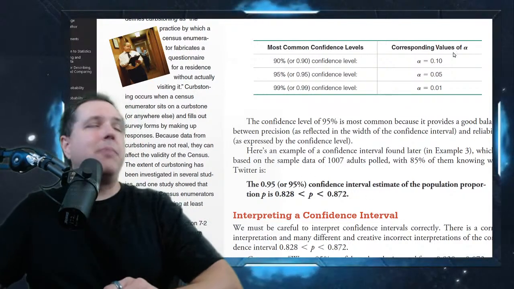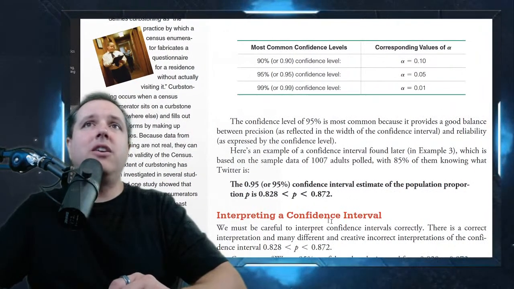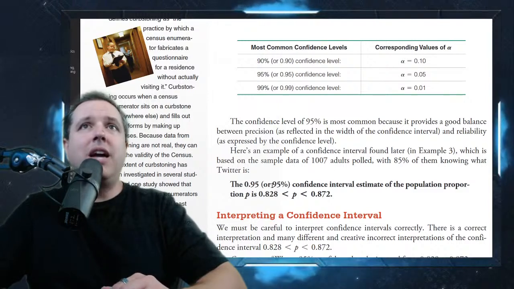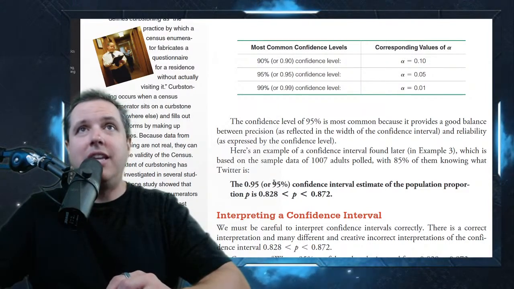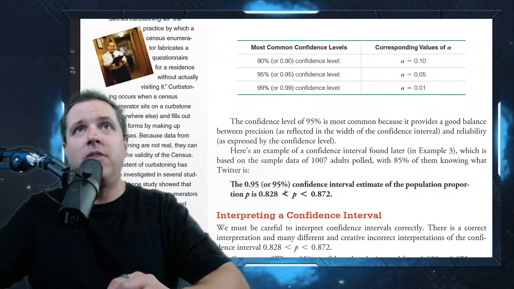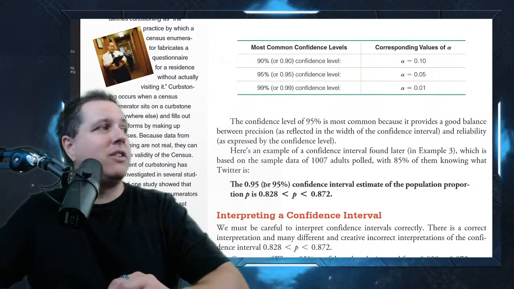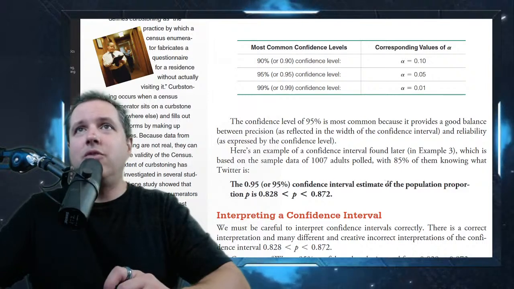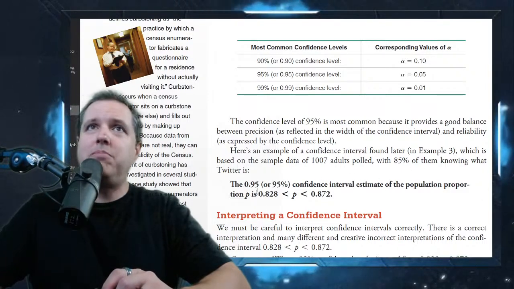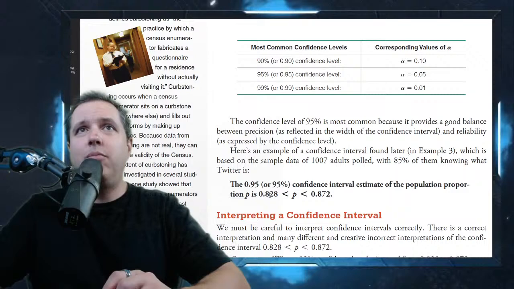So here's an example. Here's how you could state a confidence interval. The 0.95, or a lot of times I too will call this a 95% confidence interval. But remember, the decimal representation of that is 0.95. So either way, the 95% confidence interval estimate of the population proportion P is between 0.828 and 0.872.